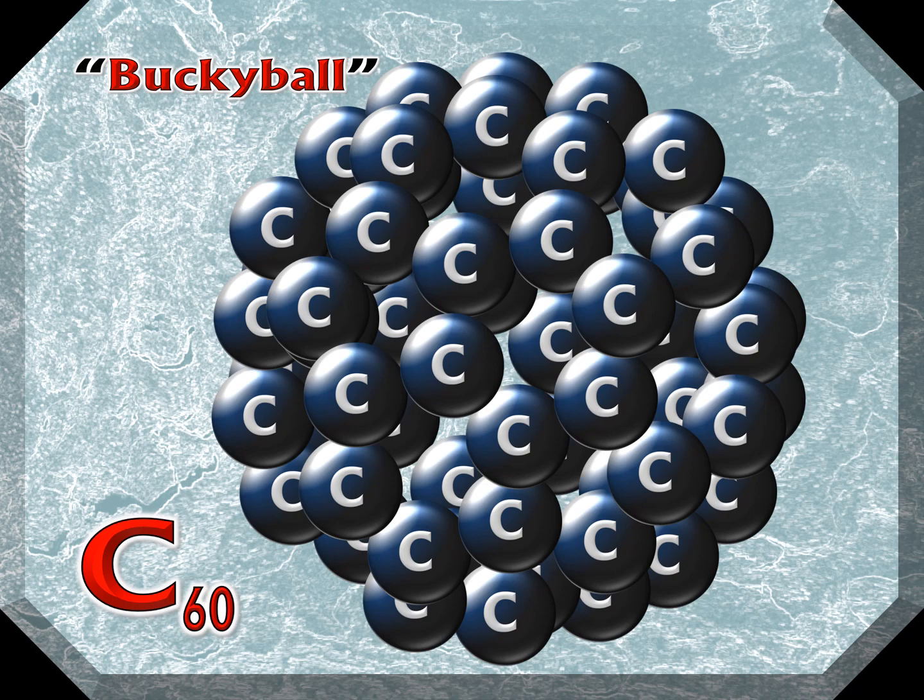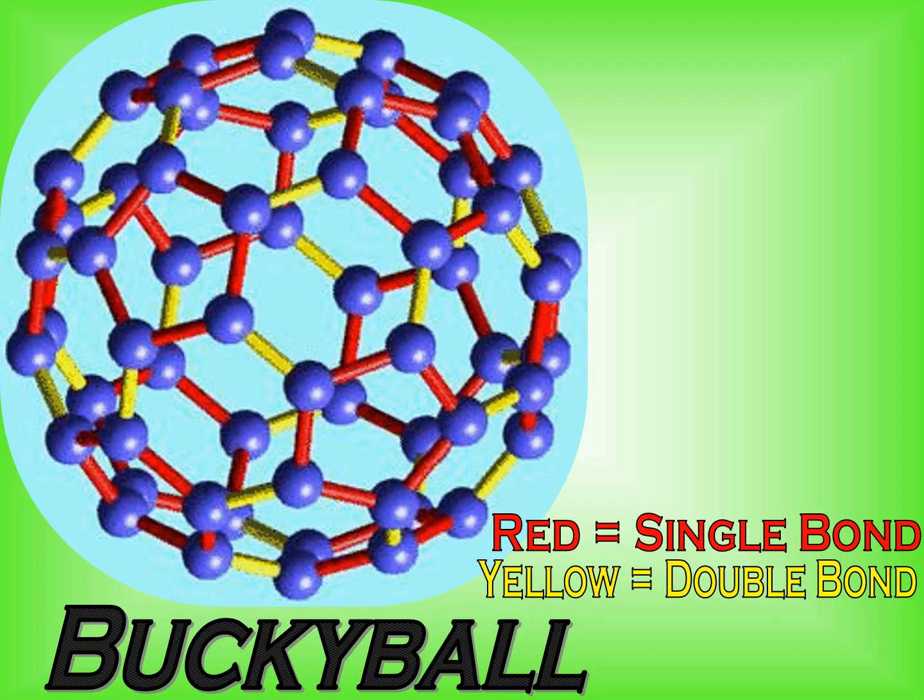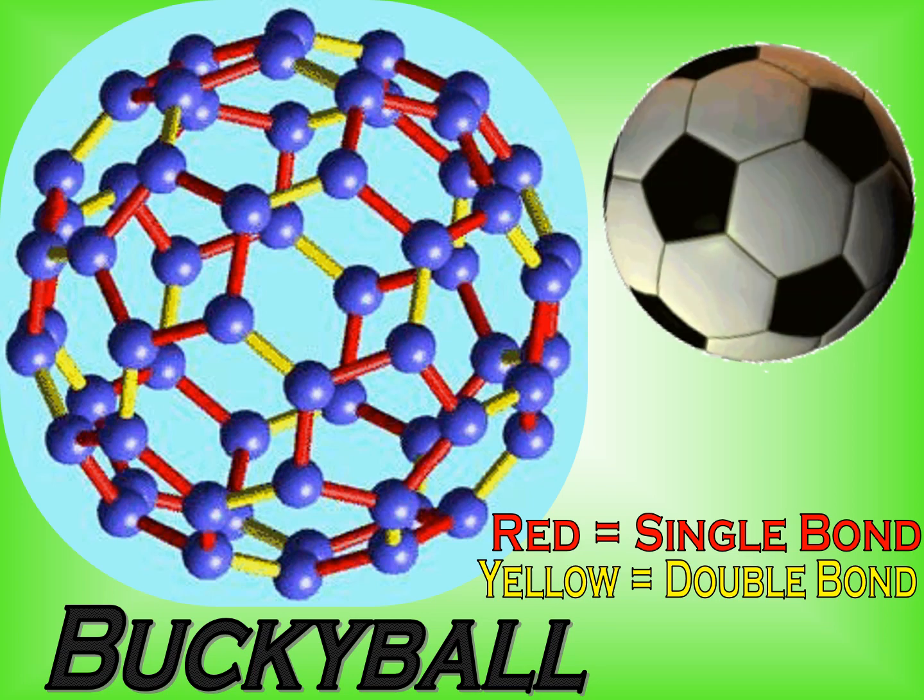Now, this structure is called a Buckminster fullerene, named after the great architect, Buckminster Fuller, but for short, almost everybody calls them buckyballs. The structure of a buckyball is very reminiscent of your classic FIFA soccer ball that has alternating pentagons and hexagons.